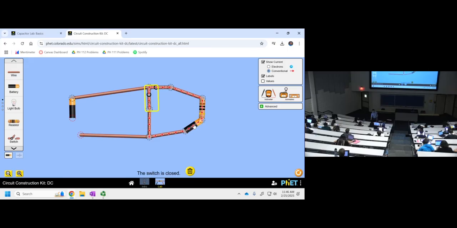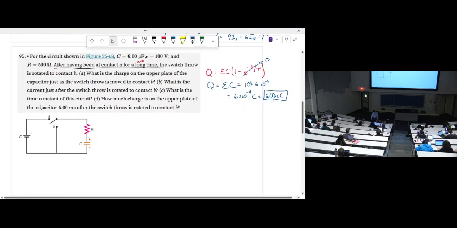But instead of it being able to maintain that EMF, it's going to drop off in voltage very, very quickly. In fact, exponentially quickly in terms of its drop off. And so now it's discharging to where the current is going to eventually stop and go to no current at all. That's what happens when you close the switch to B.